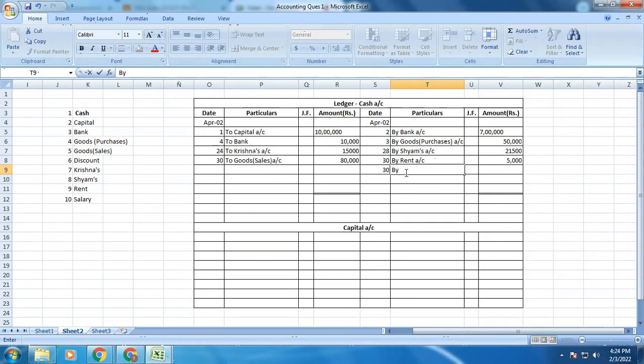What is the next one? Last transaction. Salary account to cash account. Salary account debited to cash. So because cash is being credited, on the credit side we write by salary account, and the value is 10,000.